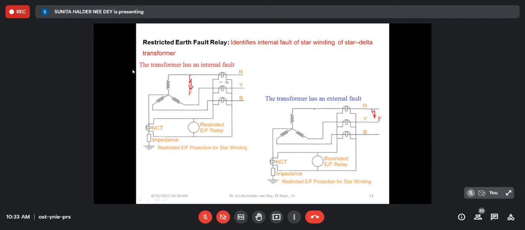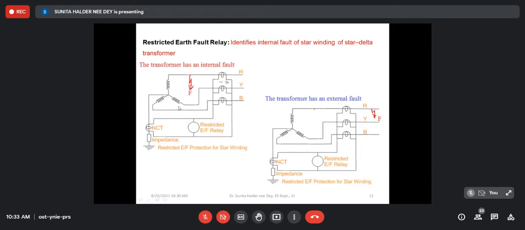So you see, this is the transformer under normal internal fault. Internal fault means a fault within the transformer, so this is within the winding. This is called an internal fault, and this CT is for protection of the transformer. Now, what is an external fault? That means a fault outside the transformer protection zone, say here.